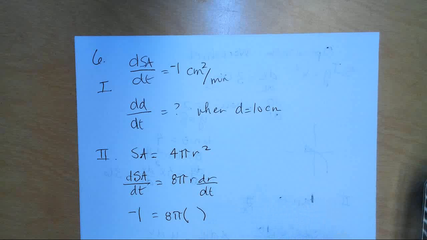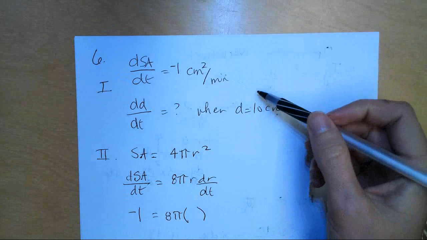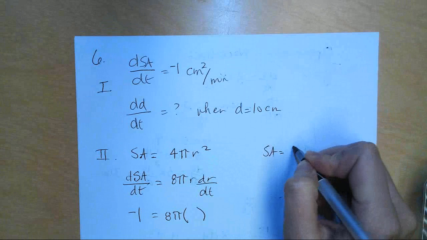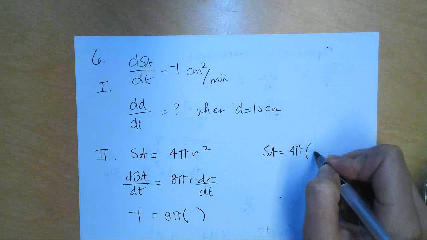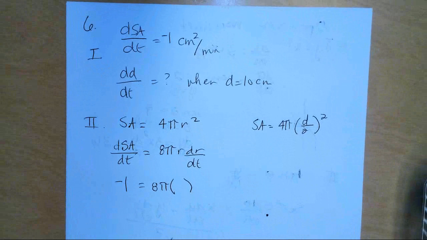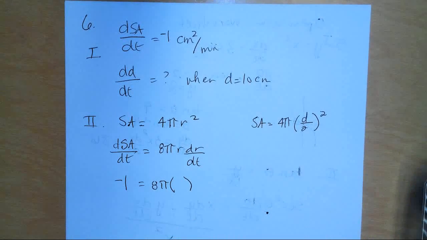Oh, wait, no. We have to go back because we did r and surface area, and we need to relate the diameter to the surface area. So surface area equals 4 pi times the diameter over 2 squared. Do you see? Oh, wow. Yes.